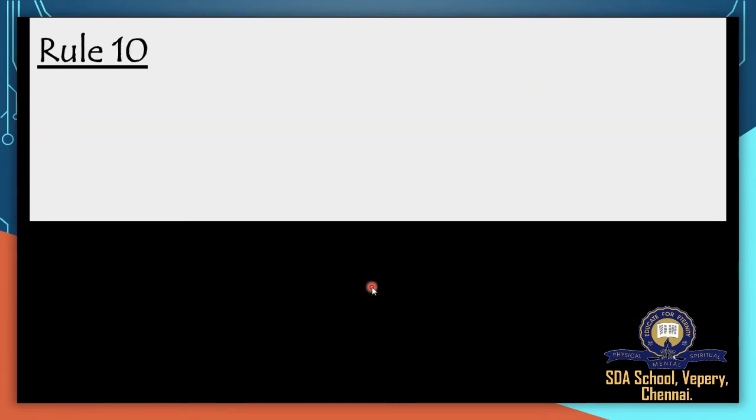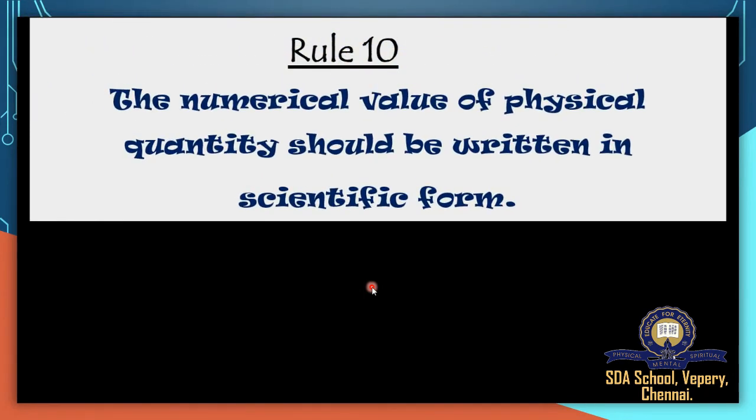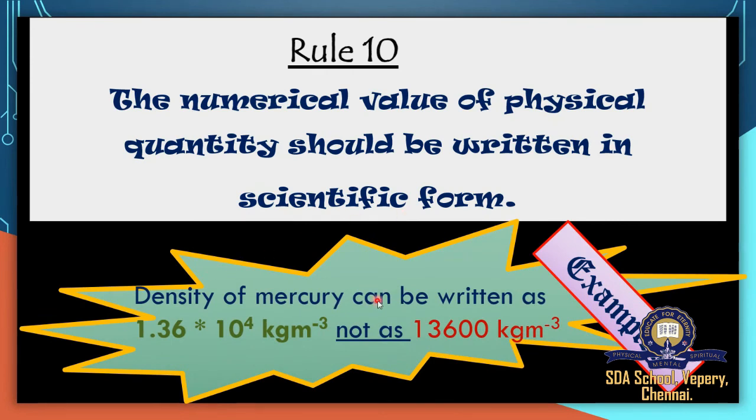Let's move on to the last rule, rule number 10, which states that the numerical value of a physical quantity should be written in scientific form. So for example, the density of mercury can be written as 1.36 into 10 power 4 kilogram per meter cube, not as 13,600.